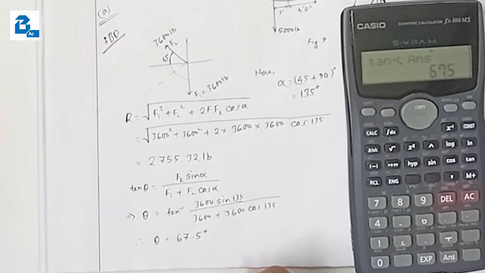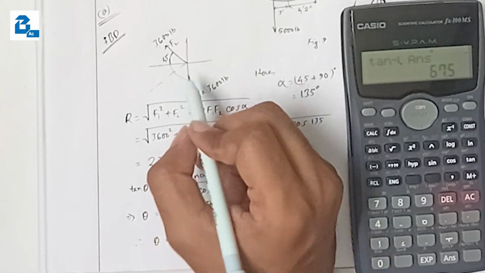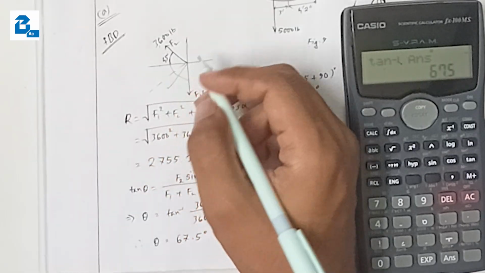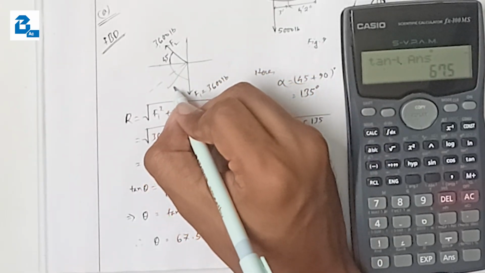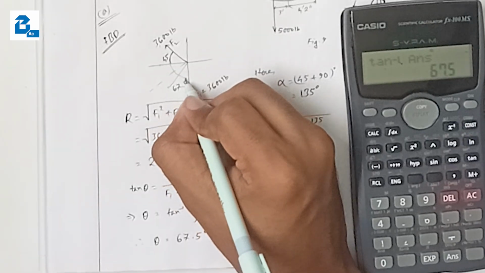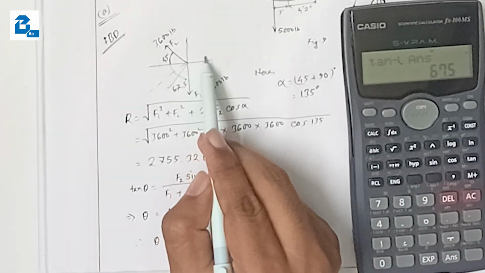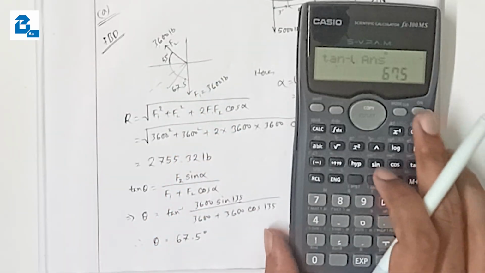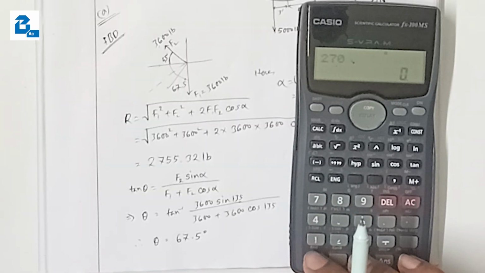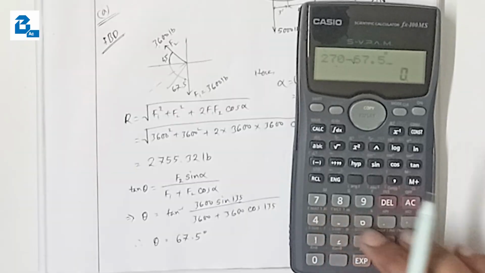67.5 degree, which would be from the F1 portion. So somewhere along this here we will get 67.5 degree. So if we think of it from the first quadrant, then we can write it down as 270 degree minus 67.5.